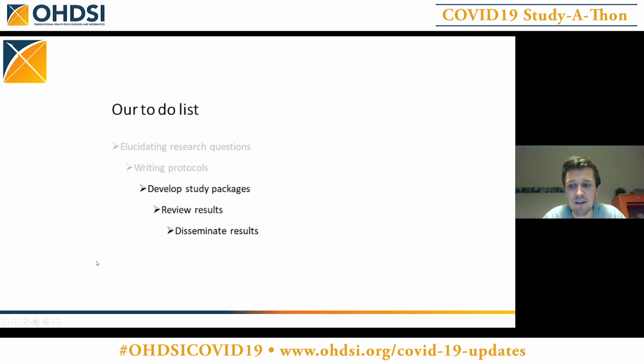These are very preliminary results that I've been showing, but it gives a taste of the power of the OHDSI framework: once all this work has gone into developing a CDM, developing the phenotypes, and developing open source software, we can apply these tools quickly once we've come up with really specific, well-defined research questions. Our next steps are improving and extending these study packages, reviewing the results and disseminating the information as quickly as possible.